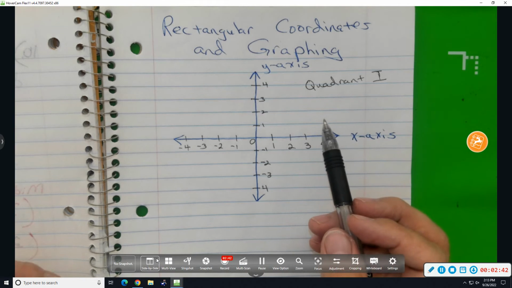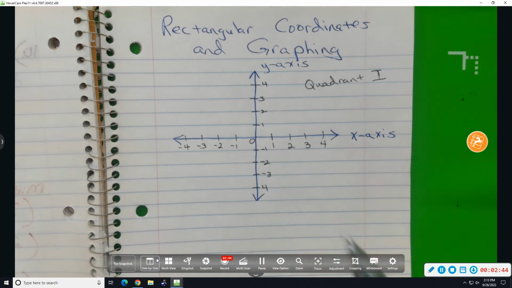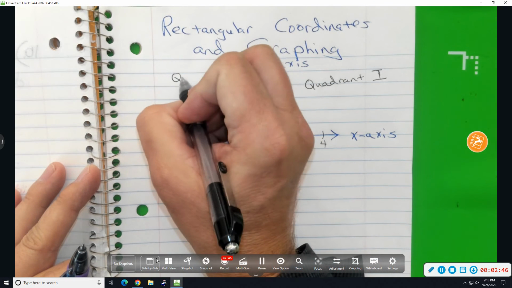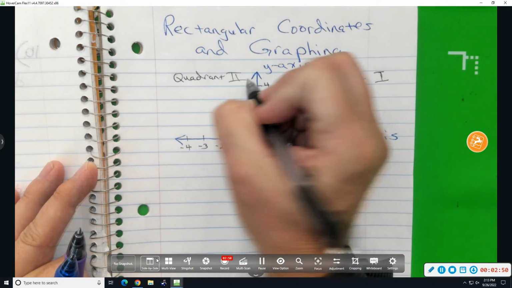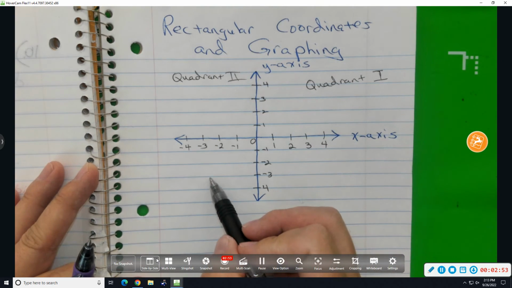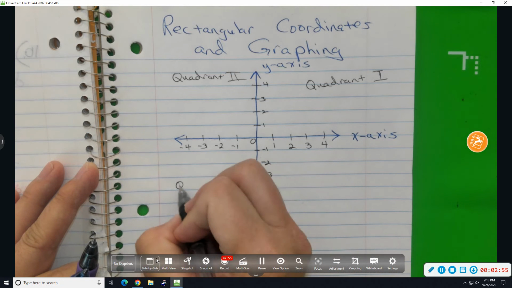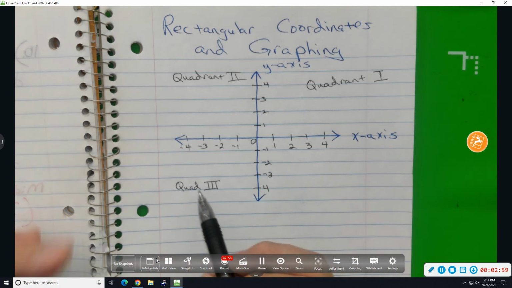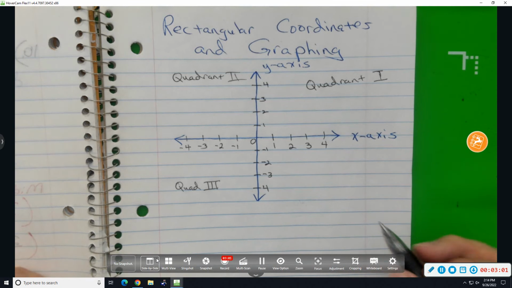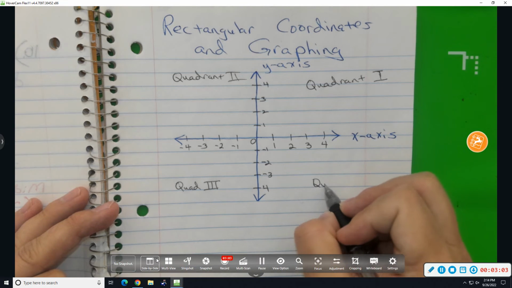And then we move in a counterclockwise direction. Quadrant 2, quadrant 3, I'll abbreviate quadrant with just quad, and quadrant 4.